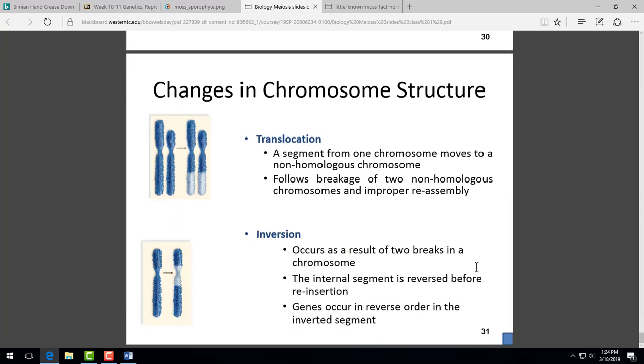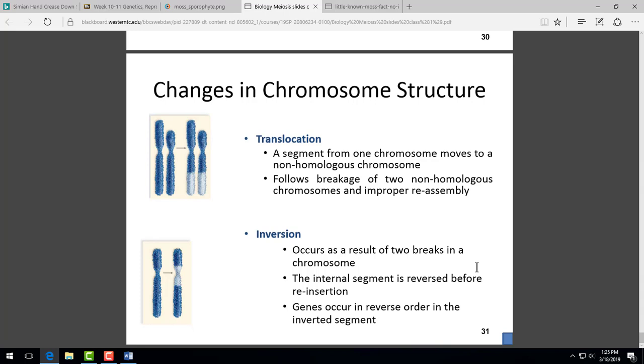A translocation is sometimes you have a segment of DNA moving from one chromosome to a non-homologous chromosome. So that can happen during what phase? When do we see swapping of DNA segments? Yes, prophase 1, right? Crossing over occurs.